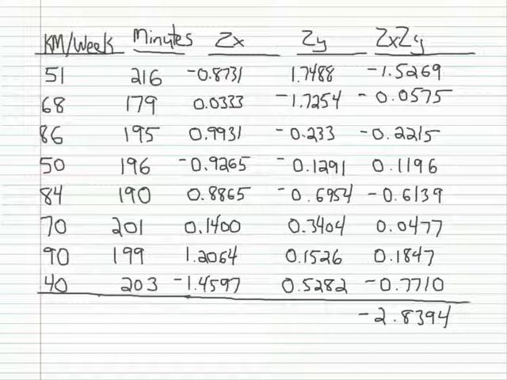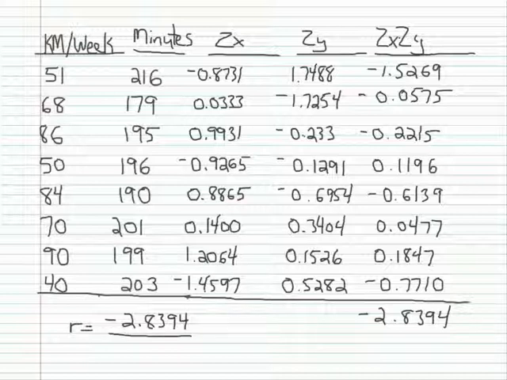Now the last step in computing the correlation is to just divide that result by n minus 1. And the result is negative 0.4056.